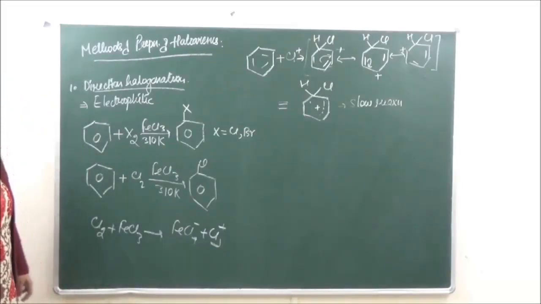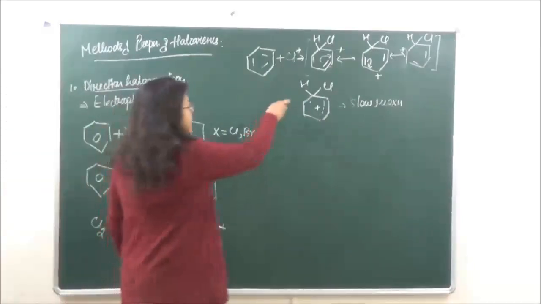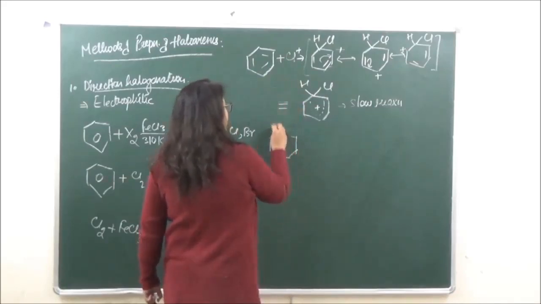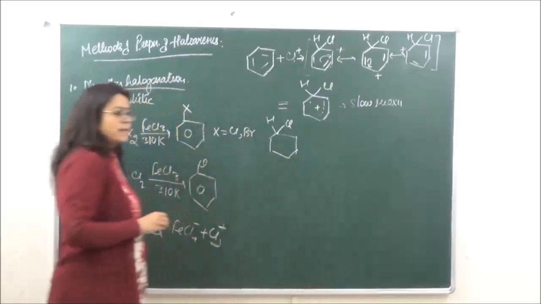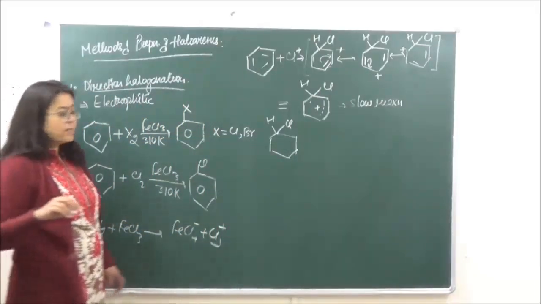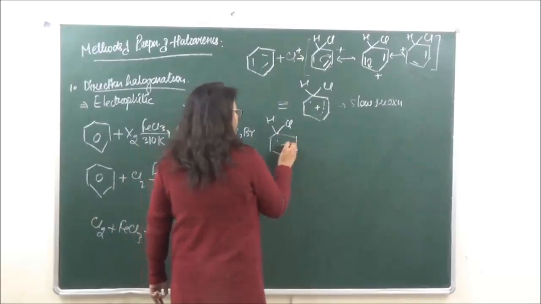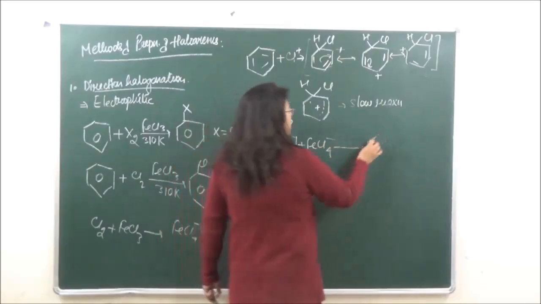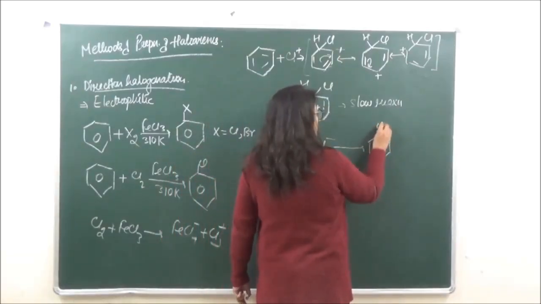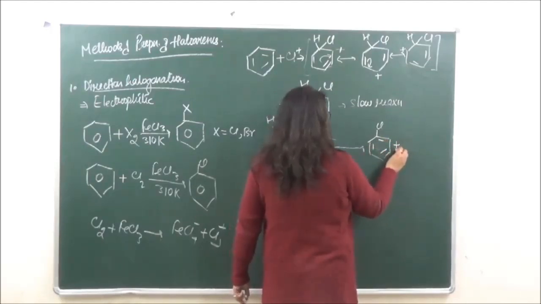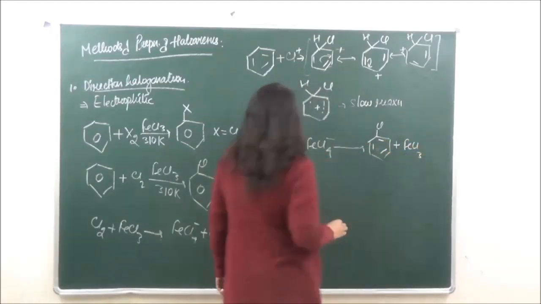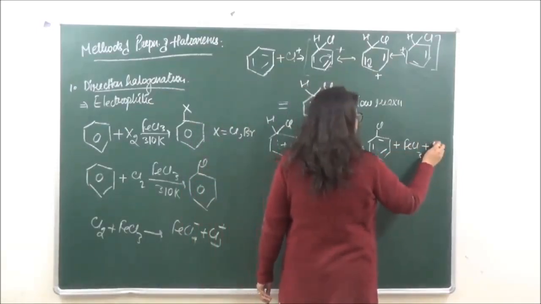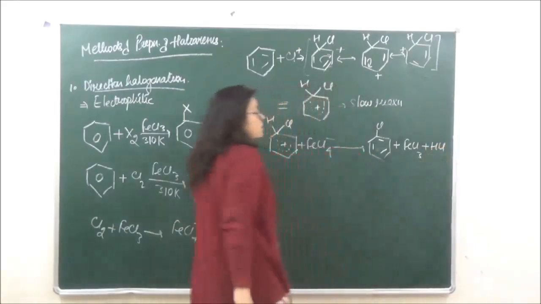Now in the next step, जो हमारे पास ये FeCl4 बना है, this resonance hybrid, or we can take any of the structures over here, this resonance hybrid is going to react with FeCl4 negative to give us chlorobenzene plus FeCl3, ठीक है, and plus we are going to get over here HCl.